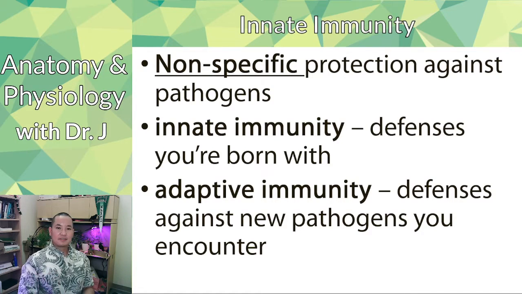Adaptive immunity is like the software you install: I need a word processor, I need a graphics program, I need vector images, I need something to program my JavaScript or Python scripts with. Those apps you add to your operating system are your adaptive immunity. Innate immunity is what comes prepackaged from the start.